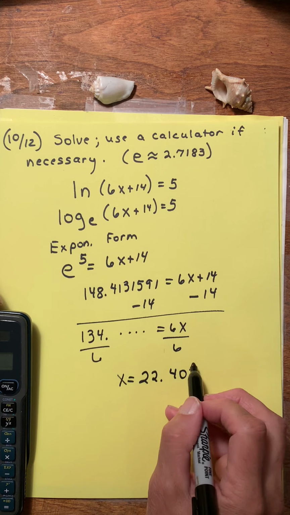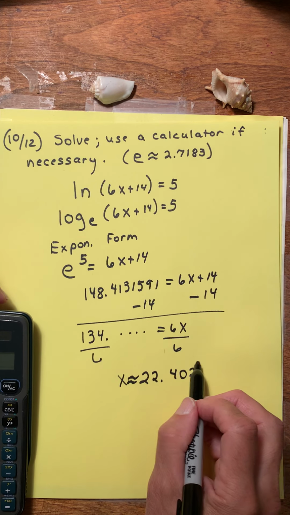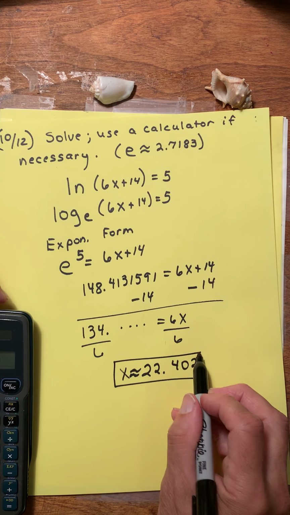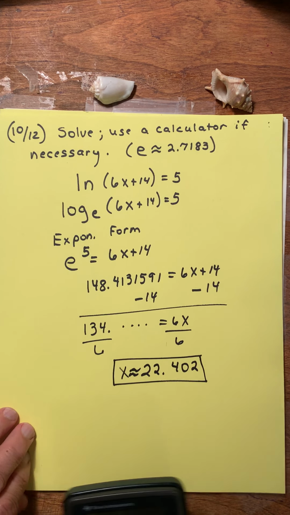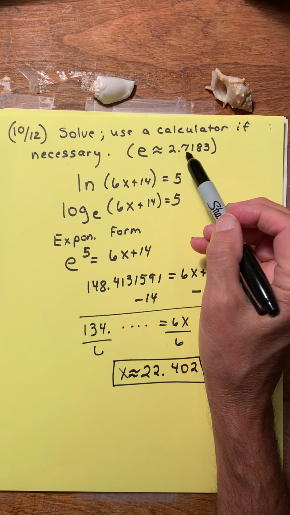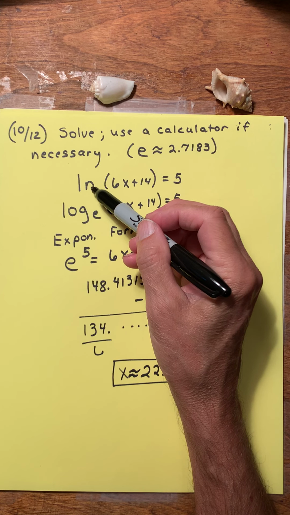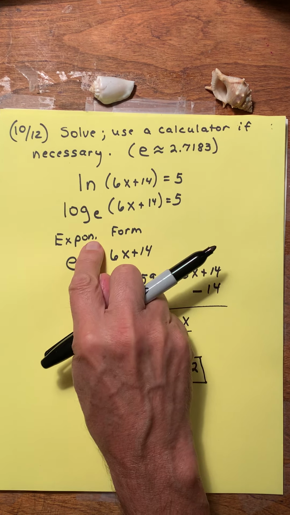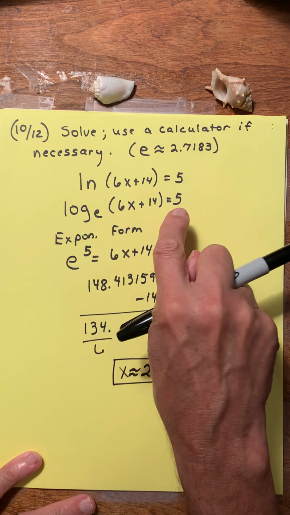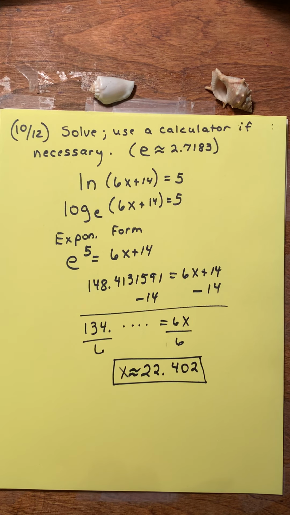I think it says 3 decimal places. So x is approximately equal to 22.402. But notice, please, I had to use either my calculator or this approximation for e. I had to change my natural log to log base e and then put it in exponential form. e to the 5th power equals that. It's ugly, but it's solvable.